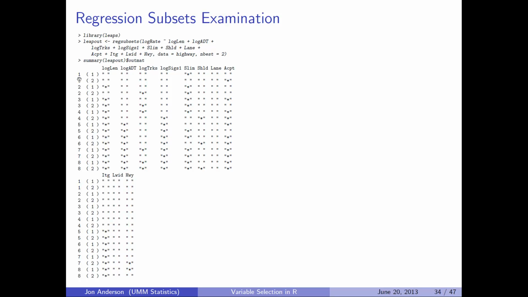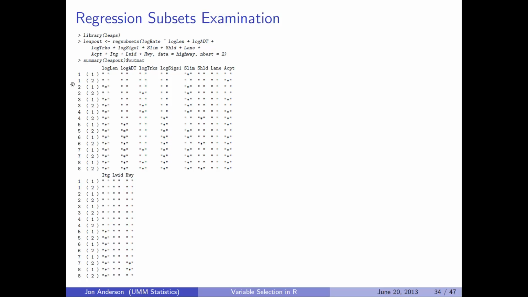So what's going on here in the first 2 rows, these are models that only have 1 predictor in them. What are the best models? Well, the very best model is to have SLIM in the model. It's the star here. And the second best 1 predictor model is to have ACPT.